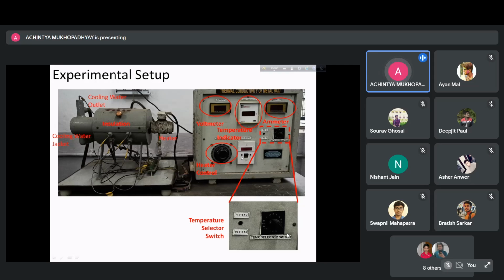This is again the main switch where we are supplying the power, and this is the heater control. Again, the thermostat control is basically given in watts, but as in the previous 2 experiments, this is mainly for the purpose of setting; these values are not directly used in the measurement. Okay.